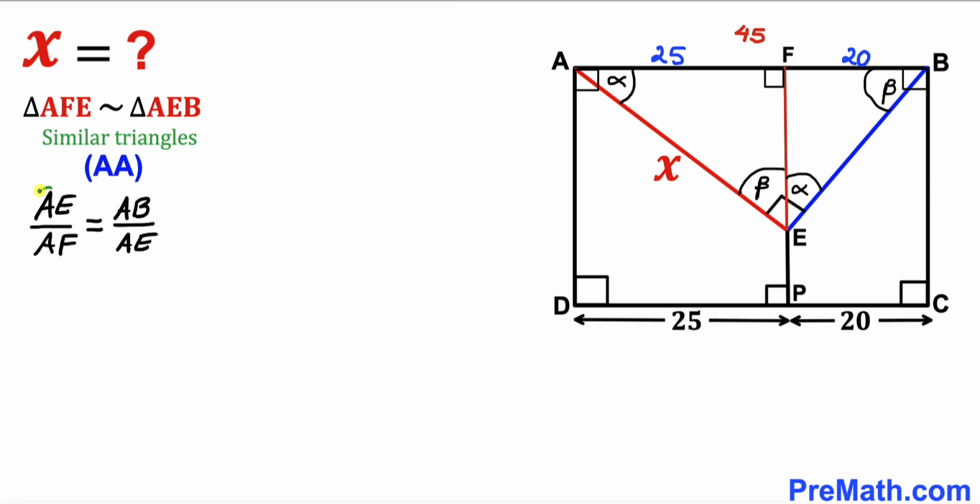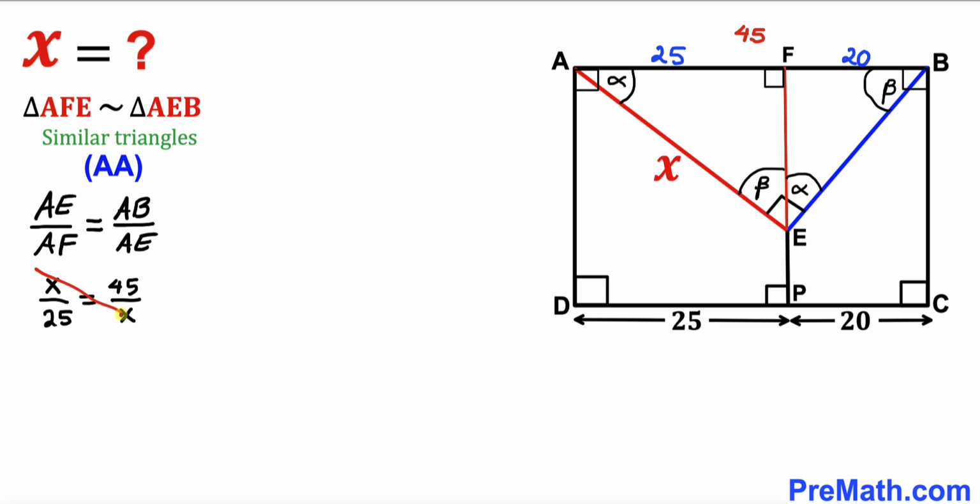Our AE length is x, our AF length is 25, our AB length is 45, and likewise our AE length is x units. Let's fill in the blanks. We have x divided by 25 equals 45 divided by x.